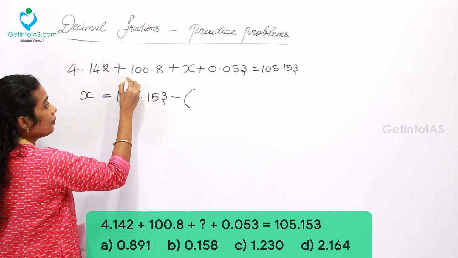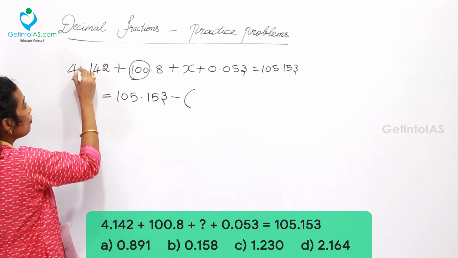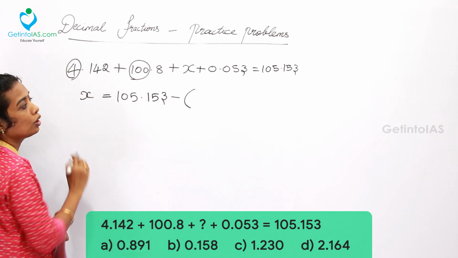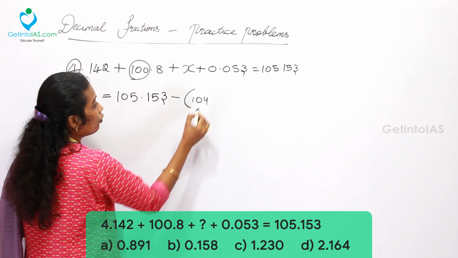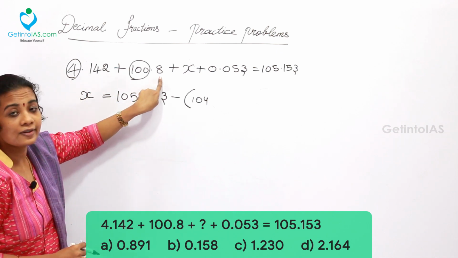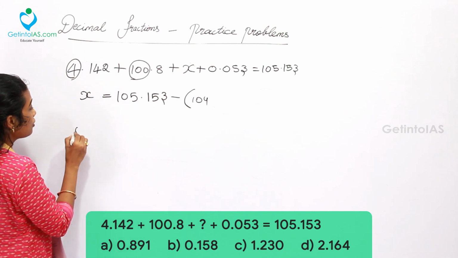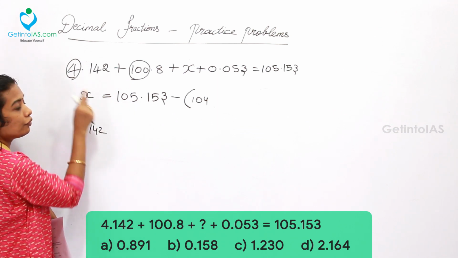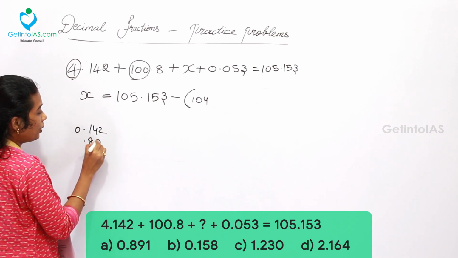For that I am taking the whole number separately. 100 plus 4, 104. Yes, I have taken 104 first. Then I want to add up 0.142, and here this is not 0.8, it is 0.800. While adding up, here 0.142, the 4 is already taken. Here 0.8, which is to be taken like this.